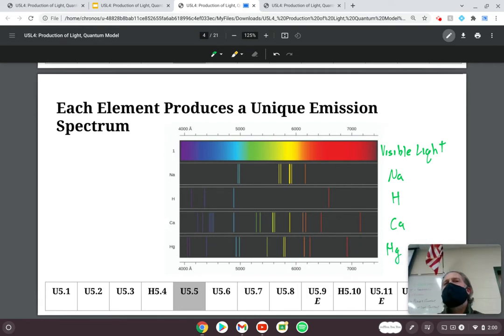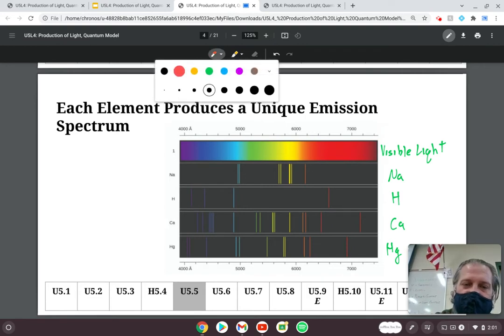In your note packets, you don't necessarily see the colors, but you do see these bands or lines. On my screen, the bands that are shown are specific colors. So sodium, when it's heated, will give off a band that is reddish orange here.